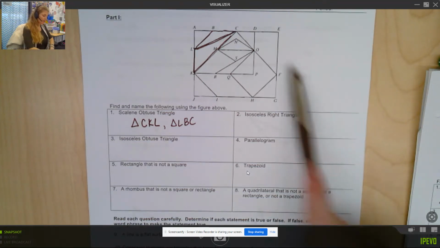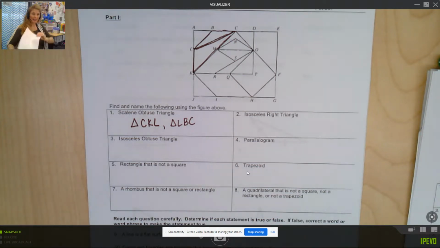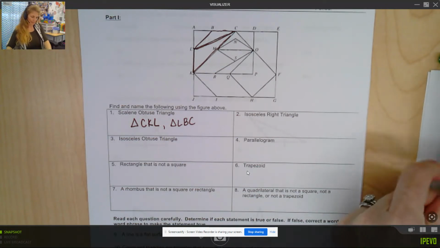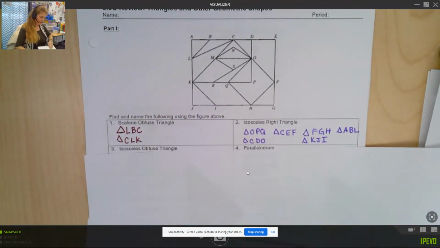So we're going to pause the video. You're going to be working on finding these shapes, and we'll get together as soon as you're ready. Okay, let's see how you did. So some possible shapes that you could have found.